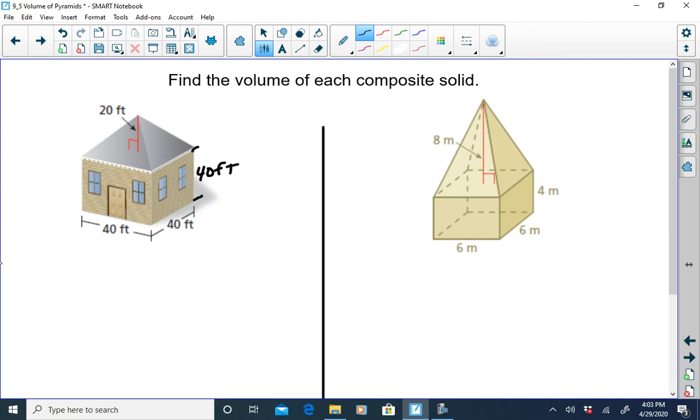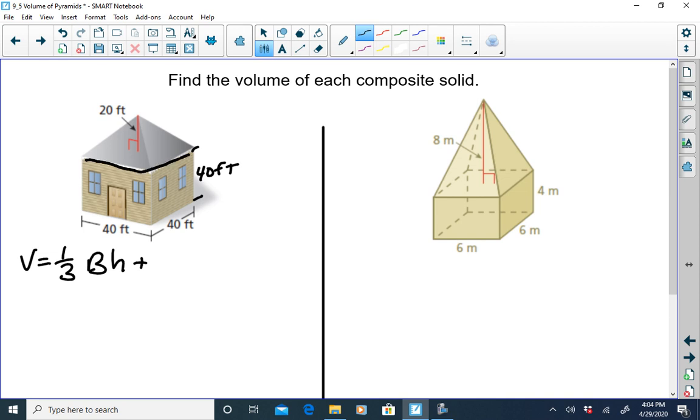So let's write the formula. Let's start with the 1/3 base area times height. We'll do that. 1/3 capital B times H. But then we have to add the volume of, let me slow down a bit.